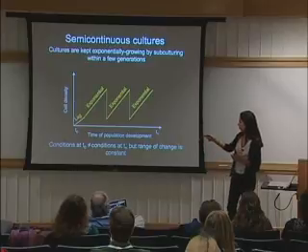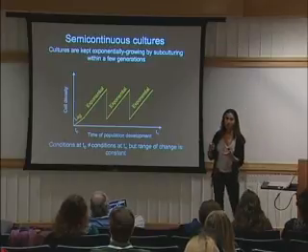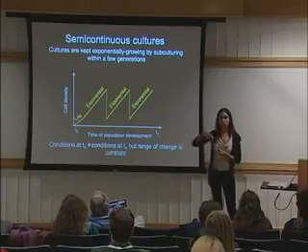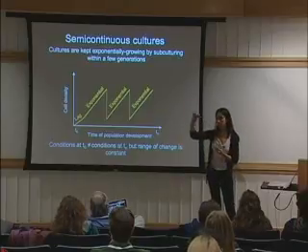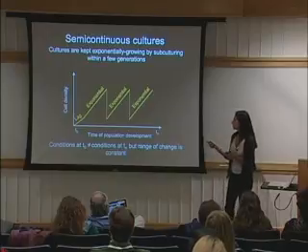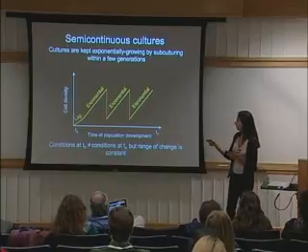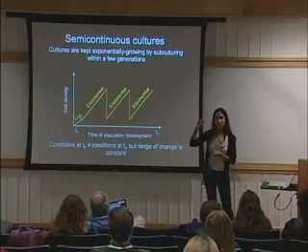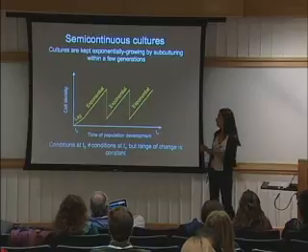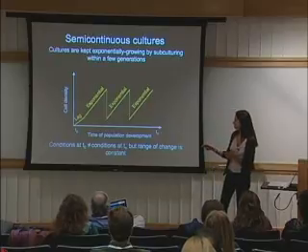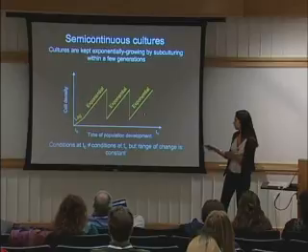And of course, you establish the growth curve before, so you know the division rates and how long you can maintain them exponentially growing. And then you subculture them halfway through the exponential phase. And then you have the cultures always here, always exponentially growing.